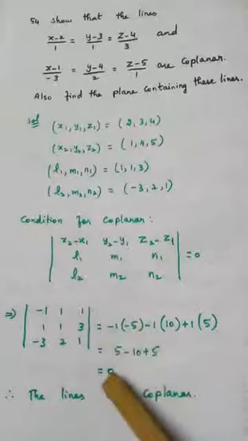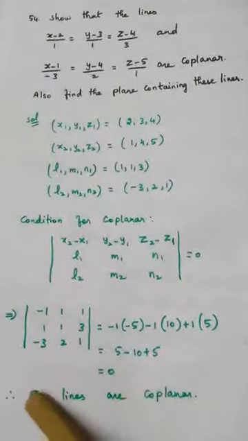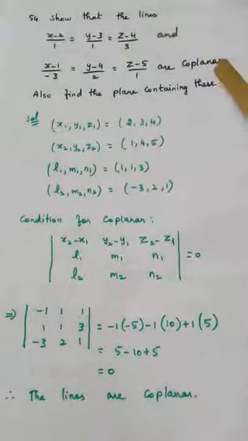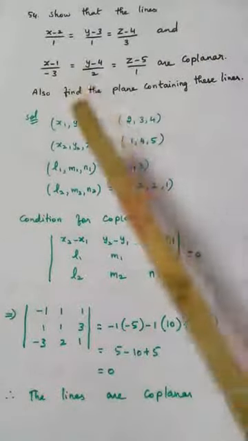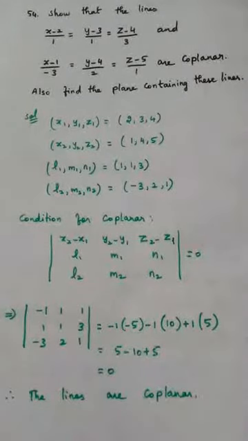Expanding this determinant, we get the answer as 0. Since the answer is 0, the lines are coplanar. So we have proved the first part. What is the second part? Finding the equation of the plane. We will use the Cartesian form itself, because this question is purely in Cartesian form. We will use the Cartesian formula.